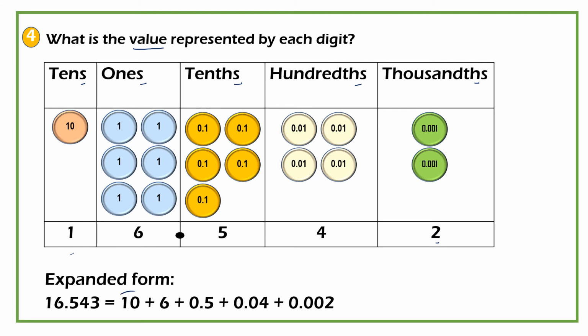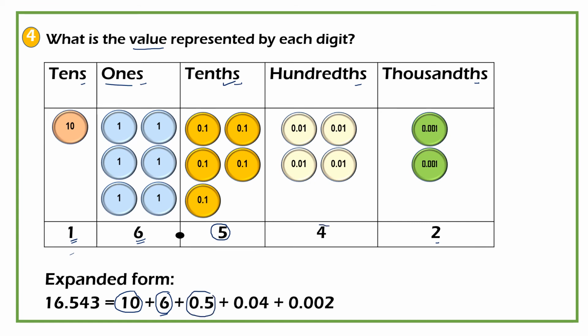In that, 10 is the value of 1. This is 1/10, and it is the same as 10. This is 6. So the value of 6 ones is 6. The place value of 6 is ones, but the value is 6. The place value of this 5 is tenths, but the value is 0.5.